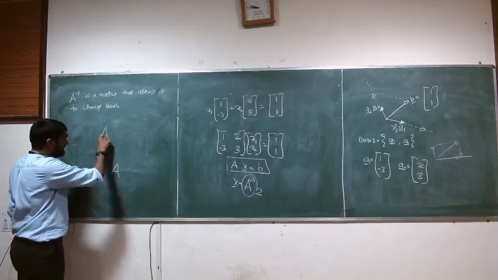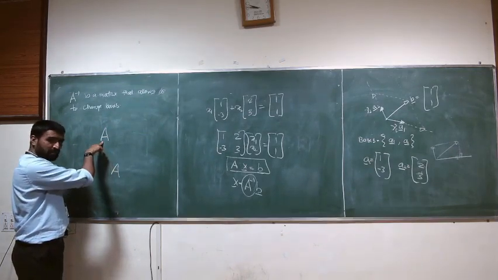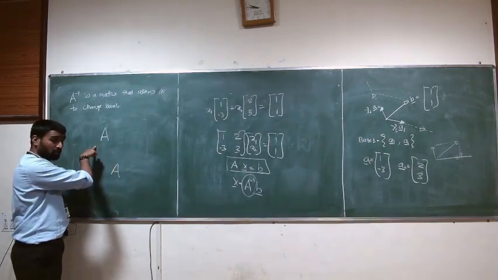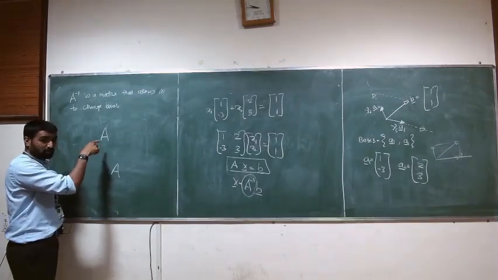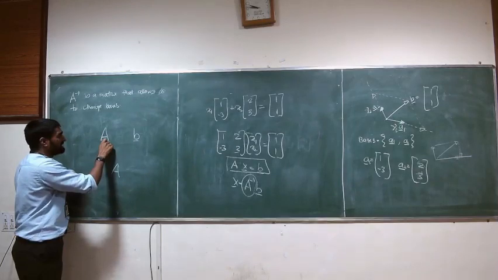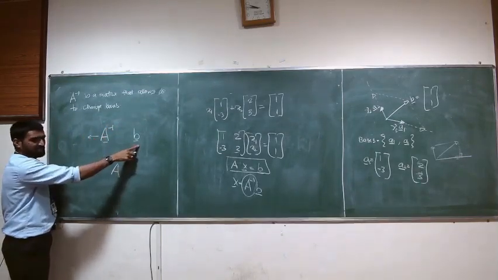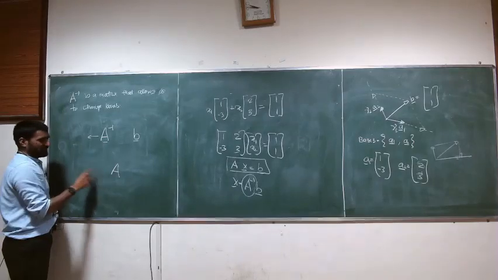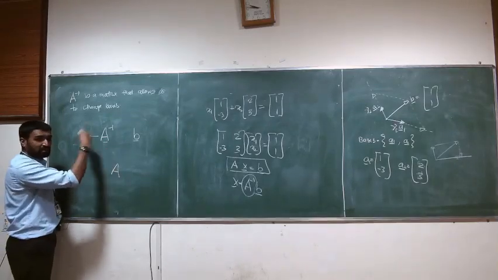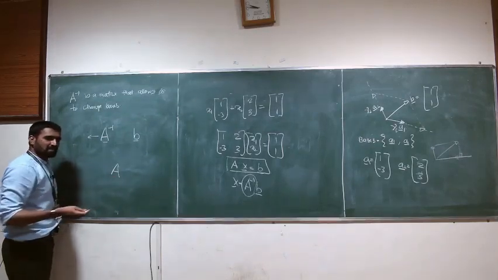You started with A, the columns of A formed the basis for Rn, and the numbers that you had for the columns of A were all in the standard basis. B was in the standard basis. And then we said if you do A inverse B, you get the representation of B in the columns of A. Now I'm asking you, that means A inverse allows me to change basis. Does A allow me to change basis?